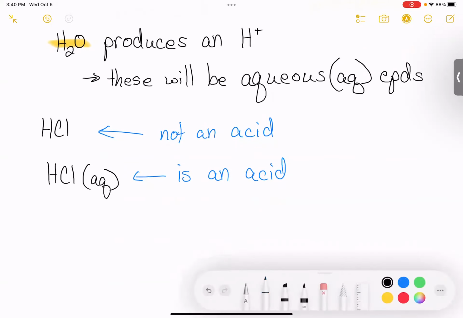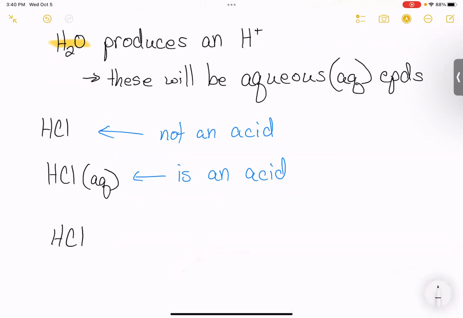In this particular case, HCl, that is hydrogen with group 17. So it is hydrogen chloride.